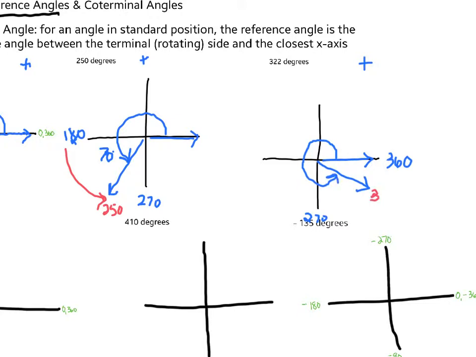If this is 322, and again, the stuff in pink you don't need to be writing on your final answer, the reference angle takes me to the closest x-axis, so that right there is the reference angle. So the difference between 360 and 322, or 38 degrees, will be my reference angle.